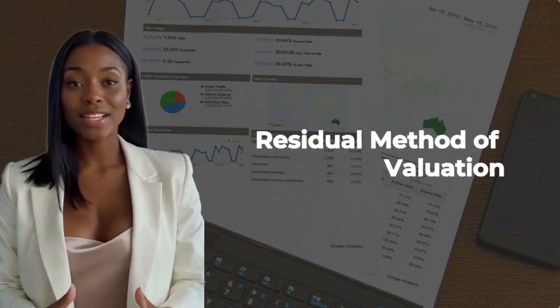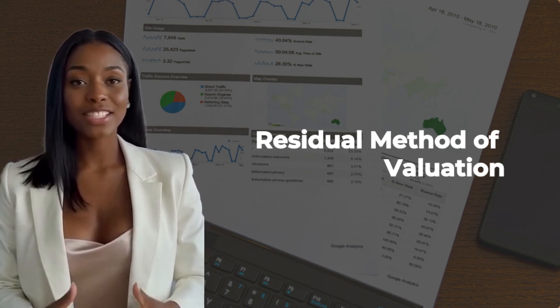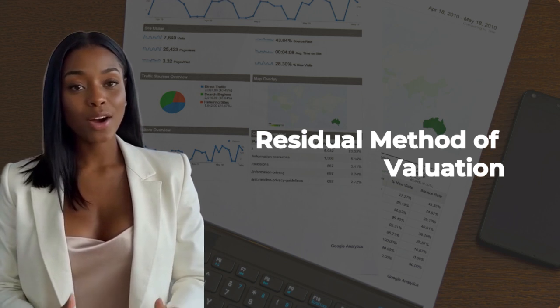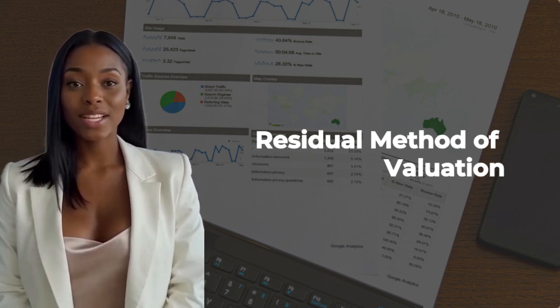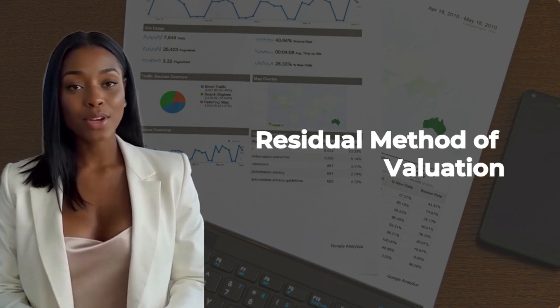5. Residual method of valuation. Used primarily for development sites, it estimates the value of land or buildings by deducting all development costs and desired profit from the anticipated sale value of the completed development. Formula.